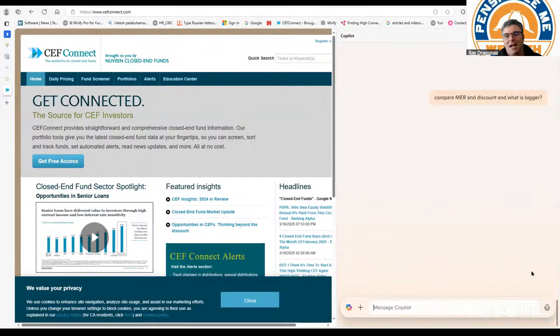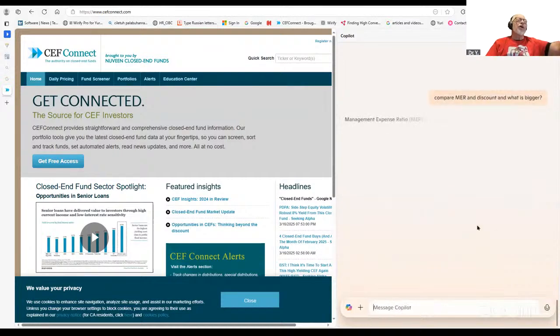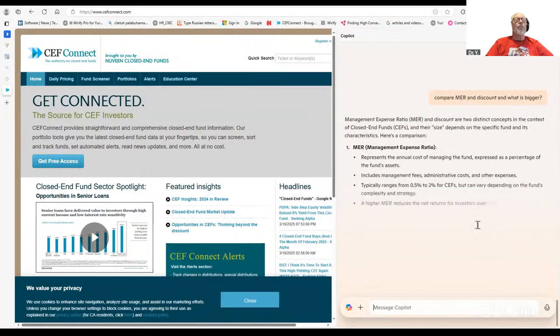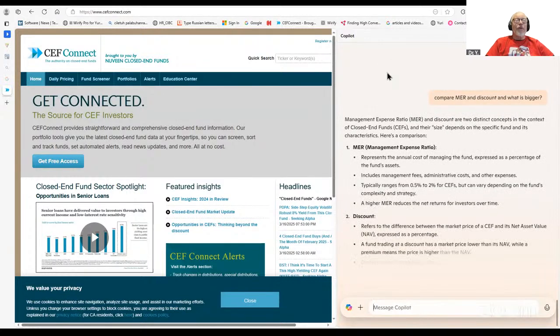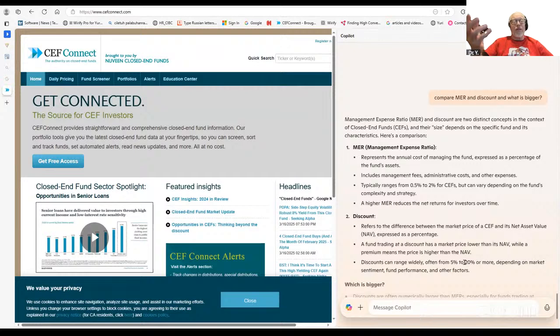So I just asked AI, compare MER and the discount and what is bigger. Very, very simple, right? So it tries to cover all the things, but basically, how about this? Doesn't the discount dwarf the MER often?